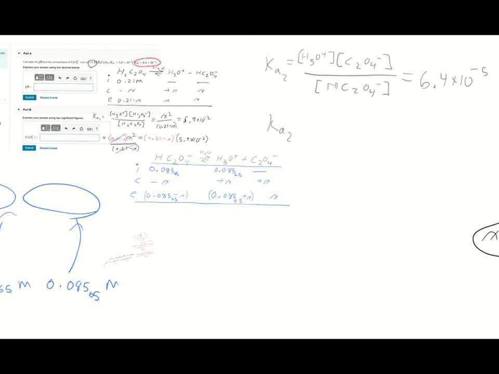So your Ka2 is equal to x times x over 0.21 minus x.